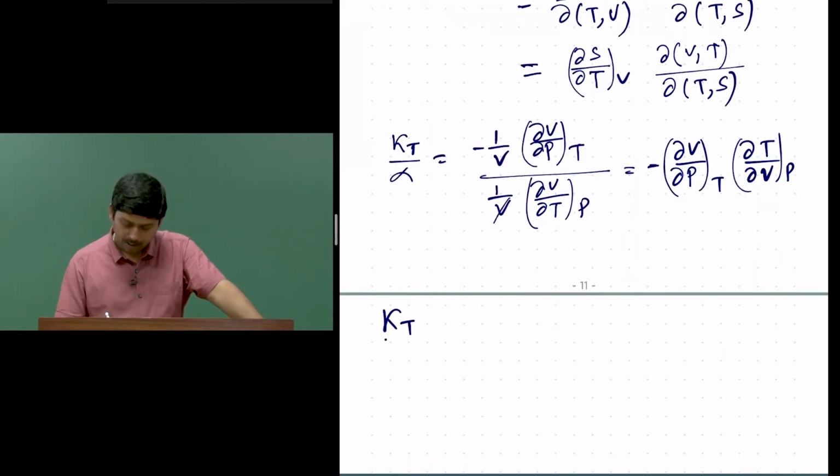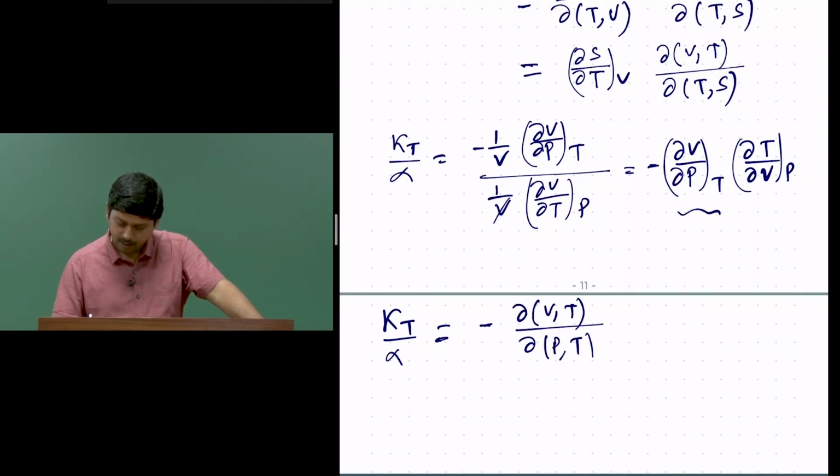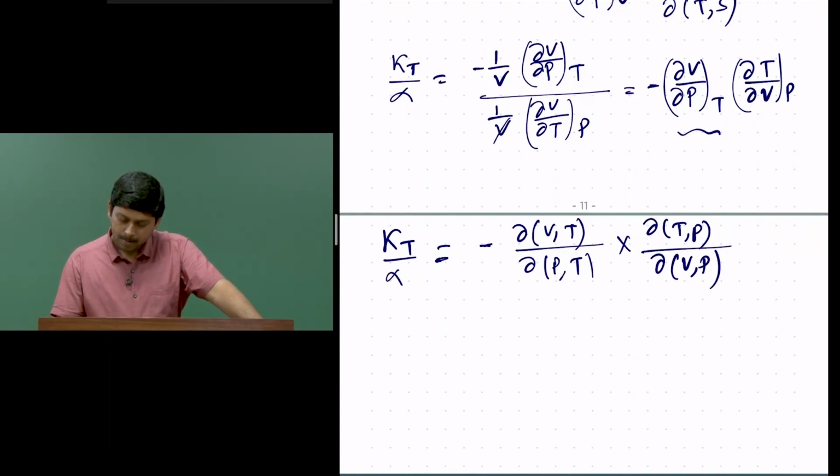So, kappa T by alpha is then minus del V T by del P T, from the left hand side this one, right hand side will be del T P by del V P. We can simplify it further.